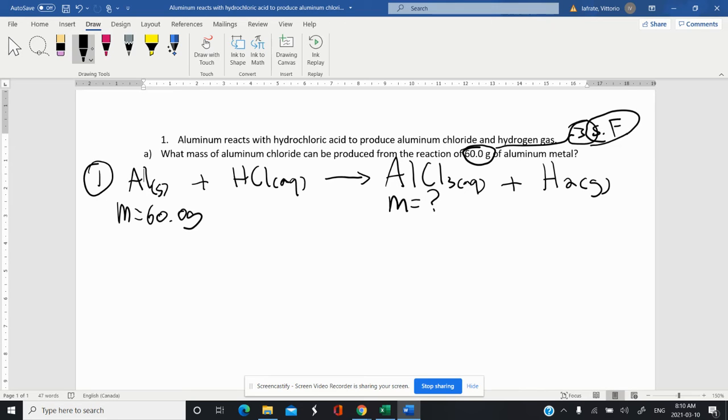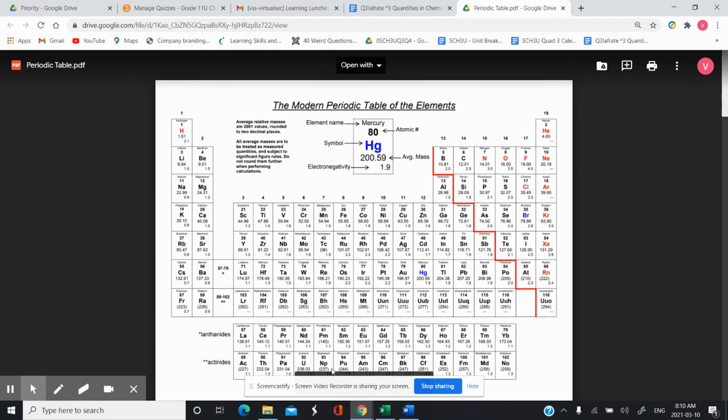So a reminder, when you want to find the mass, you need to do the mass is equal to the number of moles times the molar mass, and specifically in this case, it's the molar mass of aluminum chloride. And the molar mass of aluminum chloride can be determined using your periodic table. So you just need to find the molar masses of all the elements and add them together. So let's just go take a look at what we have. So we have 3 chlorines, which is 3 times 35.45, plus 1 aluminum, so 26.98.